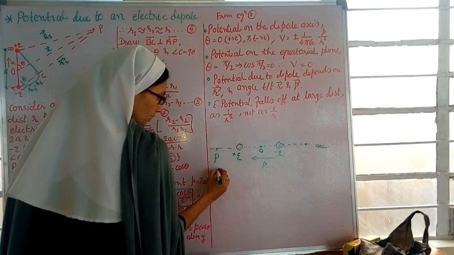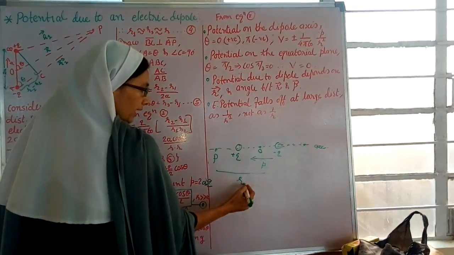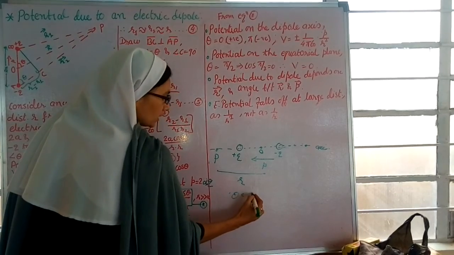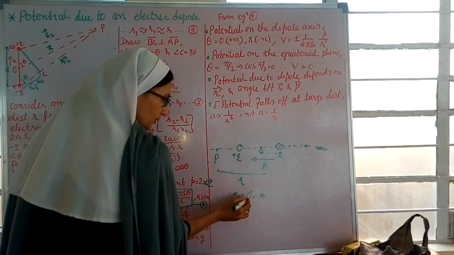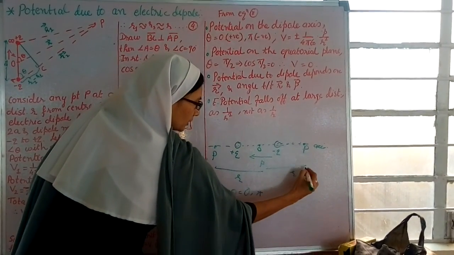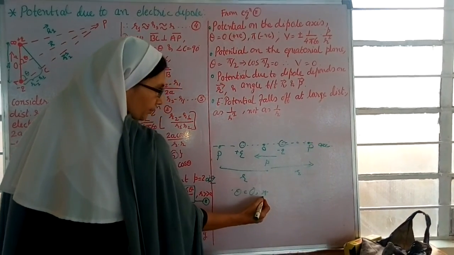So the position vector of P from the origin or center will be r. What is the angle between p and r? The angle between p and r is either 0 or pi. If P is on this side, it is 0, and if I take P on the other side, the direction is opposite, so it becomes 180 degrees or pi.